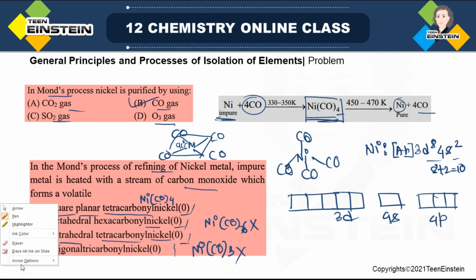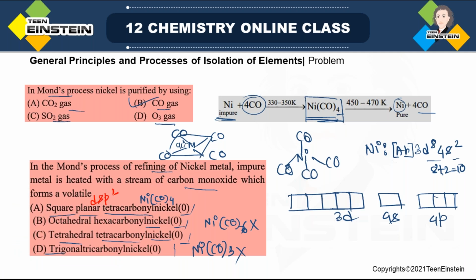Now we know that when we say it is square planar, it is basically dsp2 hybridization. But when we say it is tetrahedral, it is sp3 hybridization. So we have to see whether it is dsp2 hybridization or sp3 hybridization. Here the 10 electrons are arranged in this way.